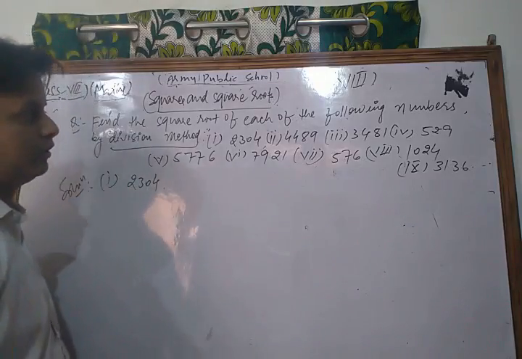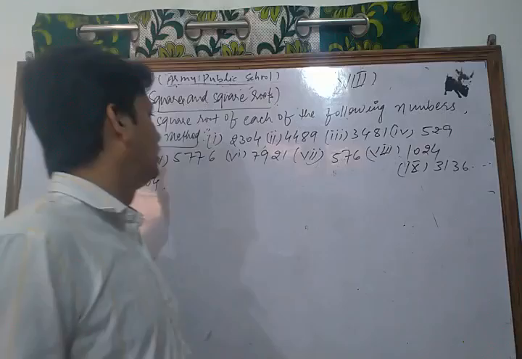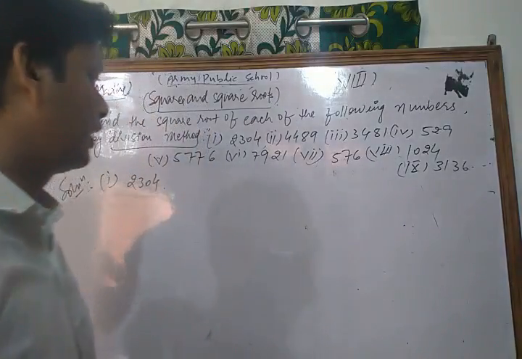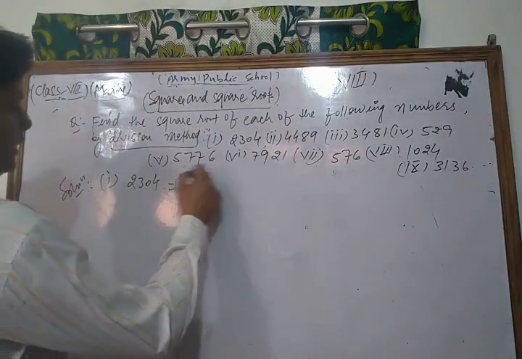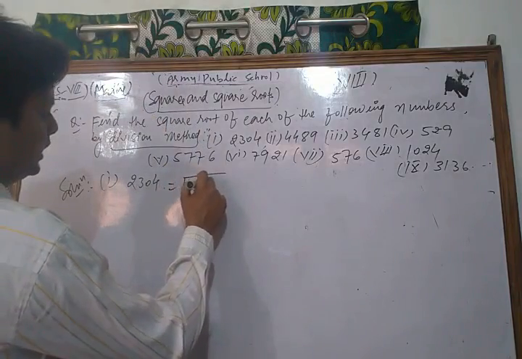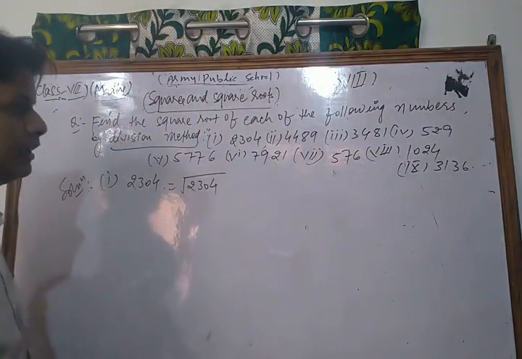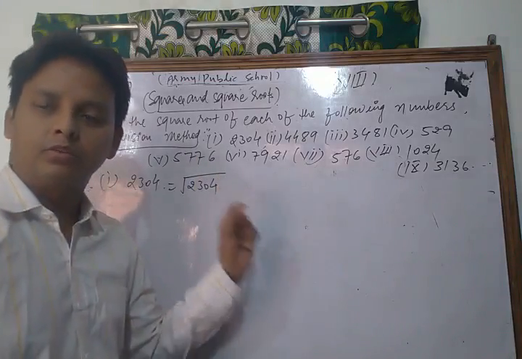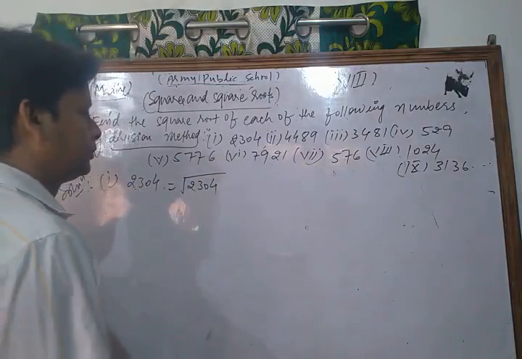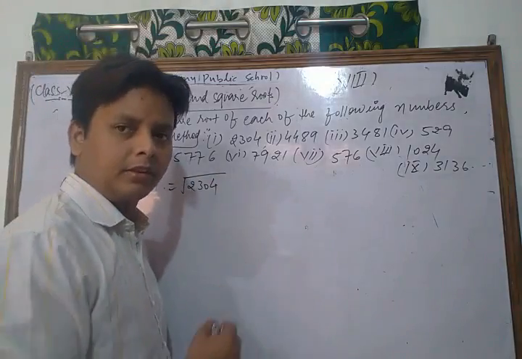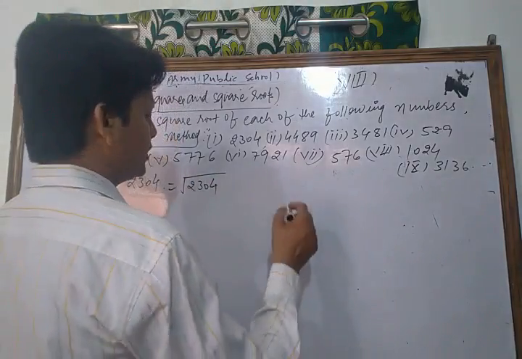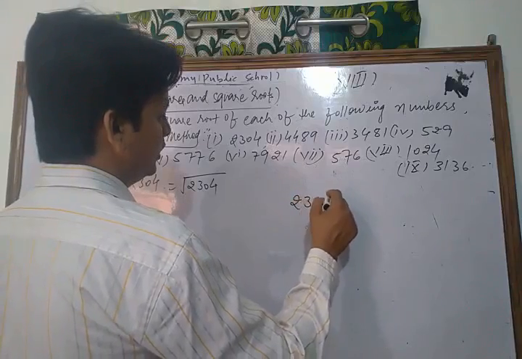So in that question we find the square root of 2304 by division method. For that method, first of all we write the given number in this way: 2304.